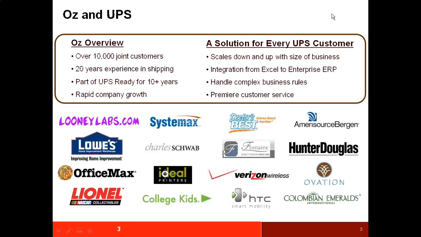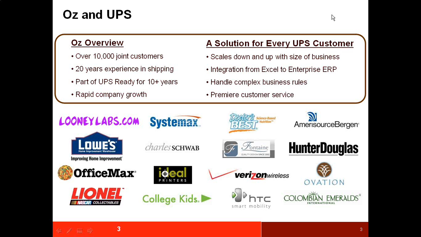Oz has been around for over 10 years. We've been working with UPS here at Oz and previously for over 20. We have extensive knowledge in the logistics, warehouse and shipping space. Our customers span a wide variety of sizes and industries. It could be small entrepreneurial companies, or large Fortune 500 companies.